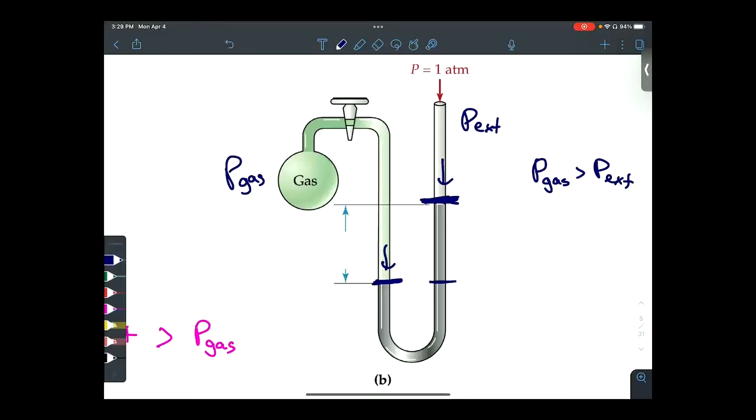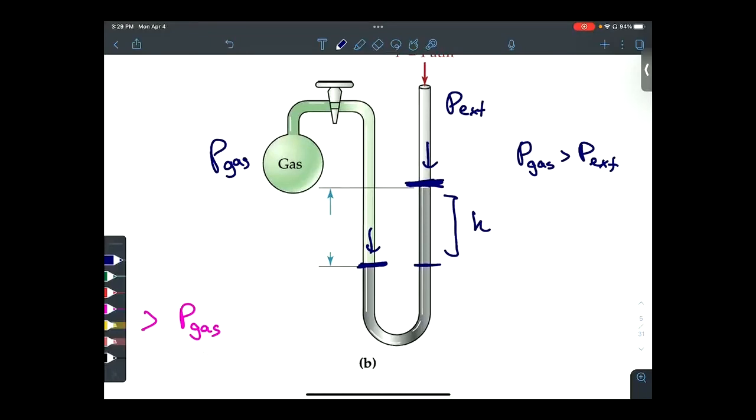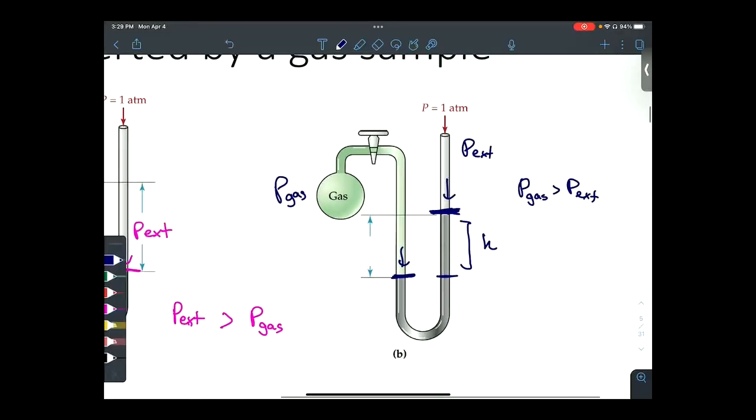If we call this height H, and we want an equation to relate these two, the pressure of the gas is equal to the external pressure plus H. In this case, the external pressure is 1 atm, but it doesn't have to be 1 atm for all of these equations to work out.